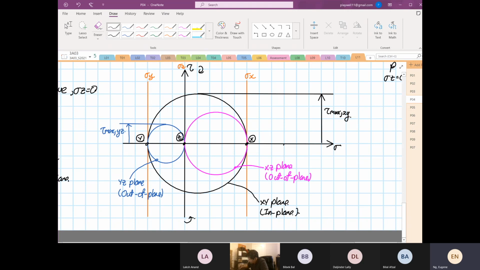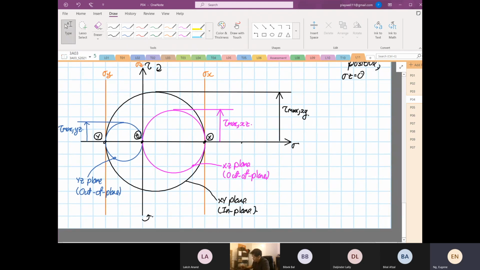So for this case, the distance from here to here is your tau max in the XZ plane.